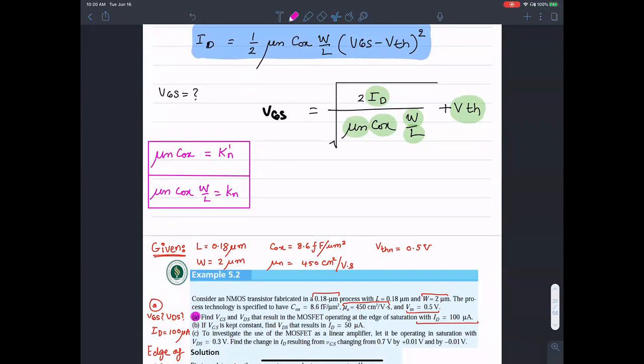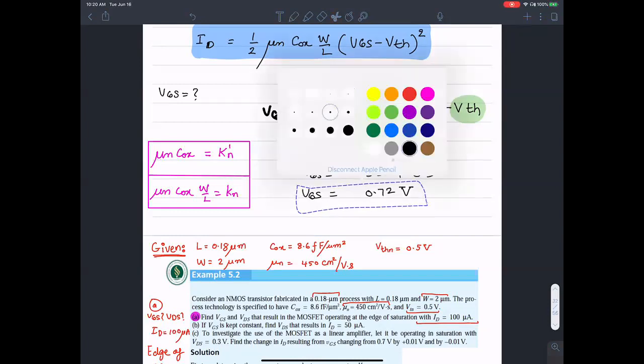When we plug in the values and account for proper units, this is going to come out to be VGS equals 0.22 plus V threshold 0.5. So this is going to come out to be 0.72 volts. That's the result we were after in the first place.